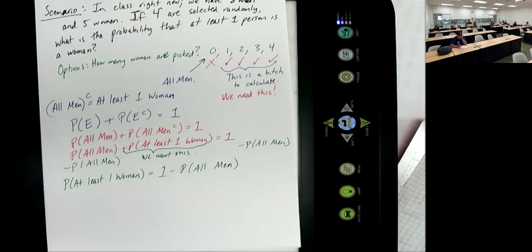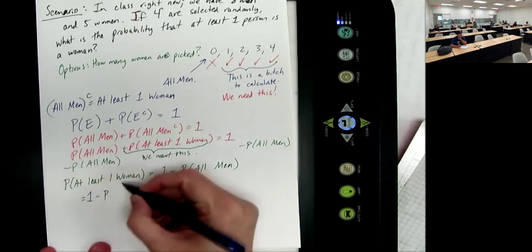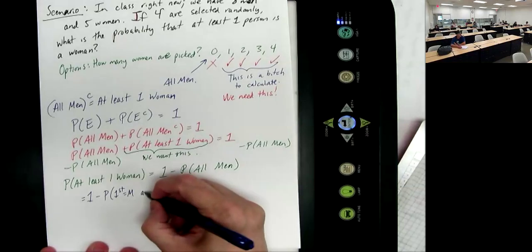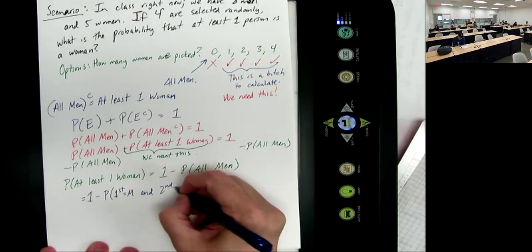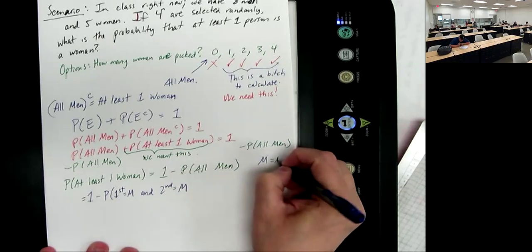Now, what does all men mean? This is 1 minus the probability that the first person is a male and the second person is a male. I'm using M for male.